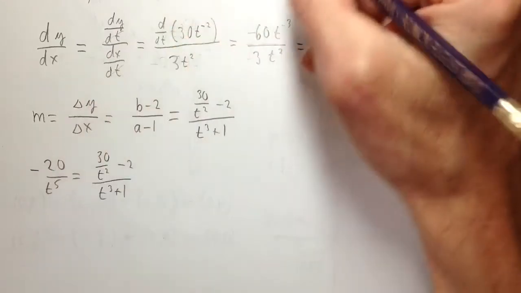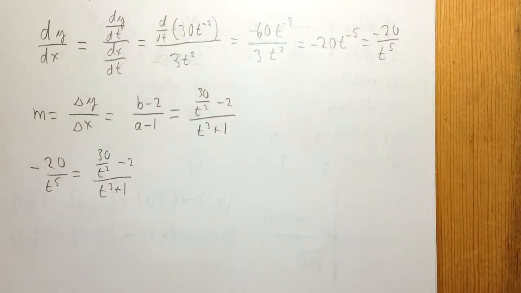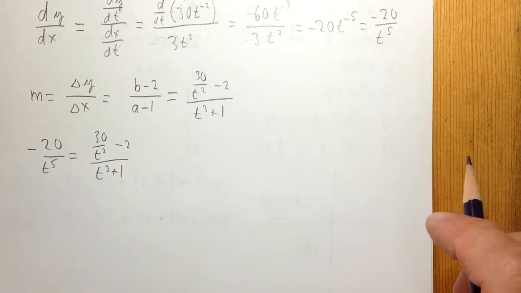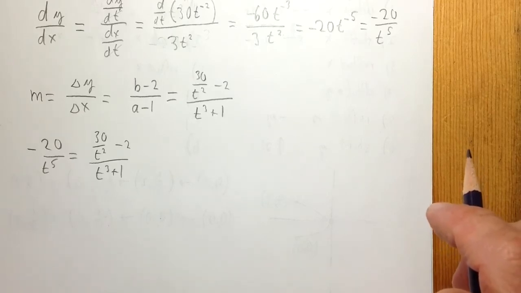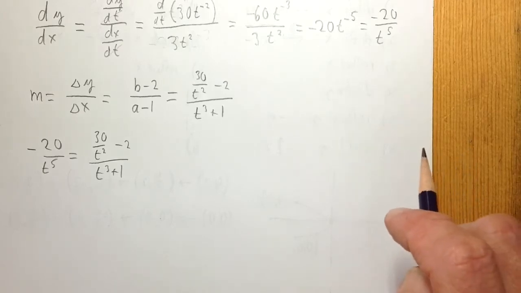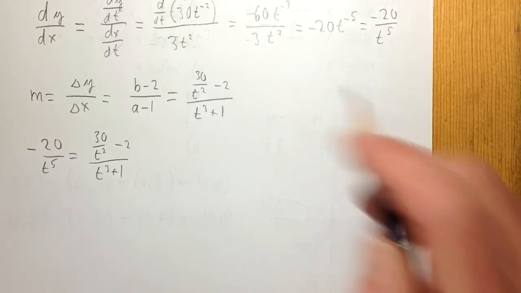Okay, so now it's algebra time. What's the best way to simplify this? I would maybe multiply this whole thing by t to the 5th. Oh, sorry.